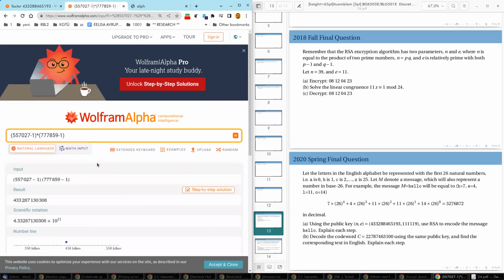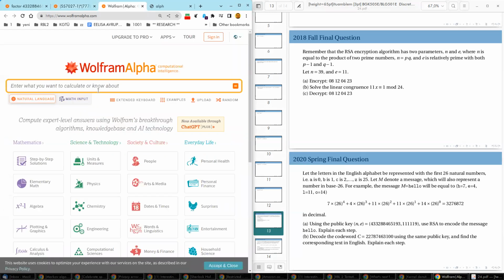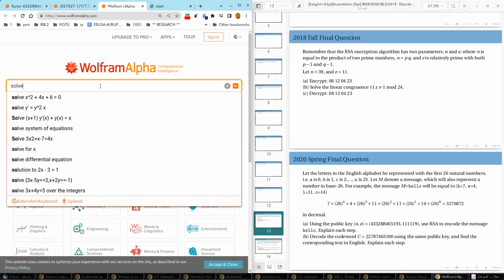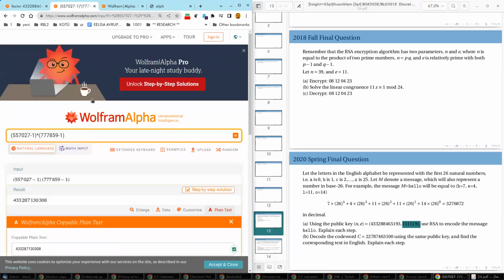So what I need to do is to find the multiplicative inverse of the exponent value E, which is given here, under modulo this value. Okay, so let me also copy this. Here, solve D times E, which is this number, equals 1 under modulo this number.